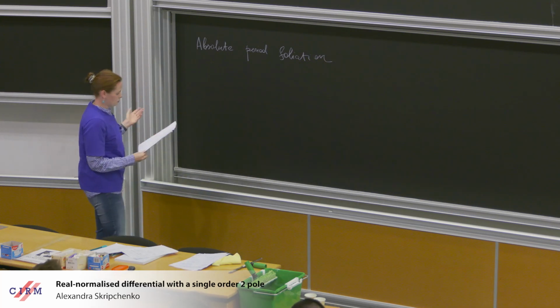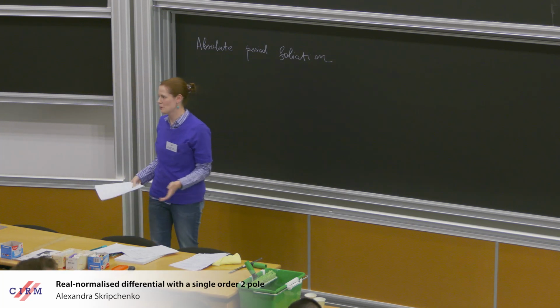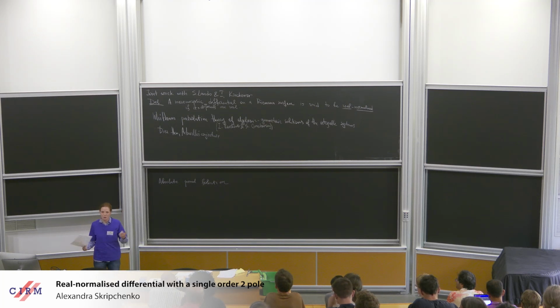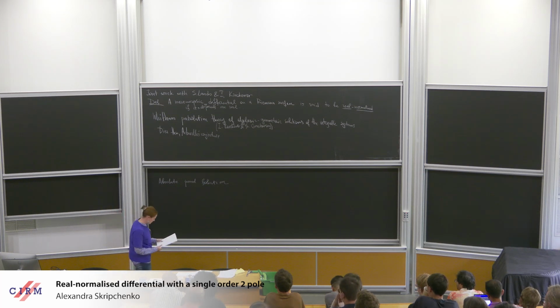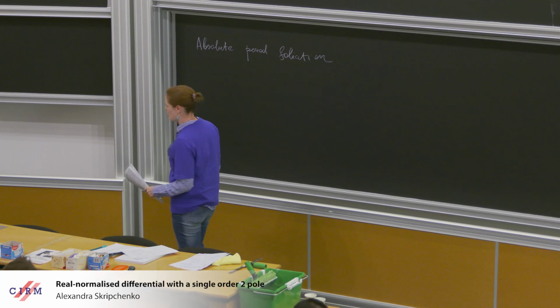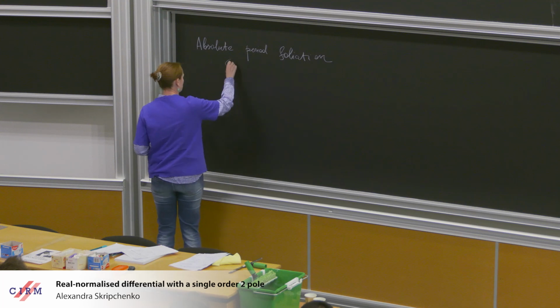The idea is that we consider the differentials, we fix their periods or group of periods, and we want to consider all the pairs of a surface plus a differential such that the differential would have the same periods as we fixed. And if we are in this situation, then it means that we live on the same leaf of our absolute period foliation. So our goal is to study the stratification and the corresponding foliation of the space of real normalized differentials. And I will restrict myself now to a particular class of them. Namely, I will want that my differential has a single order two pole.